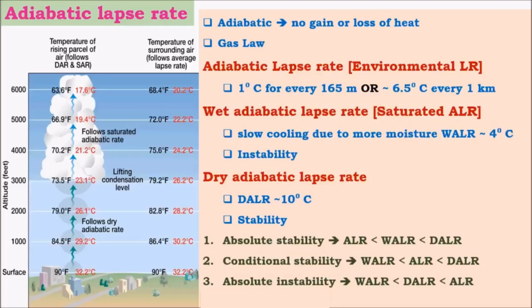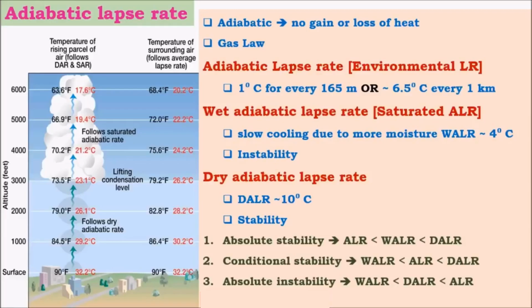So we need not go deeper into understanding this. If you have understood wet adiabatic and dry adiabatic, then these concepts are very simple. I will not go into a very in-depth explanation because it takes a lot of time. And again, we have absolute instability. Here we see that the adiabatic lapse rate is much greater than wet adiabatic and dry adiabatic.